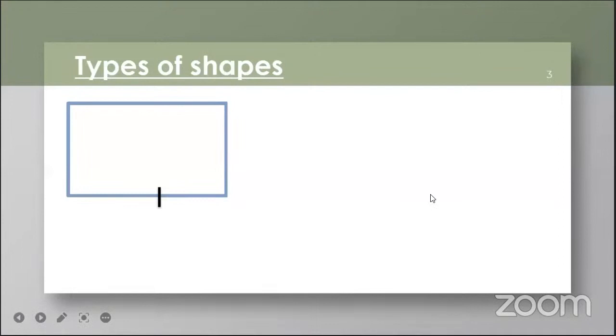Yes, teacher. That is a rectangle, and it has equal sides. It has equal sides. Yes, it has equal sides. Say your answer again. That is a rectangle, and it has equal sides.